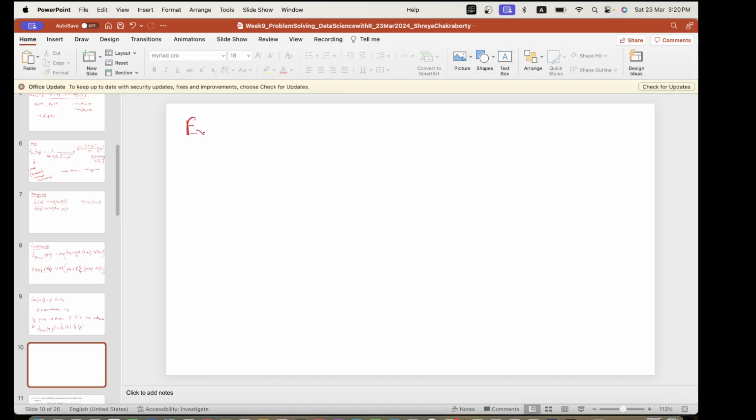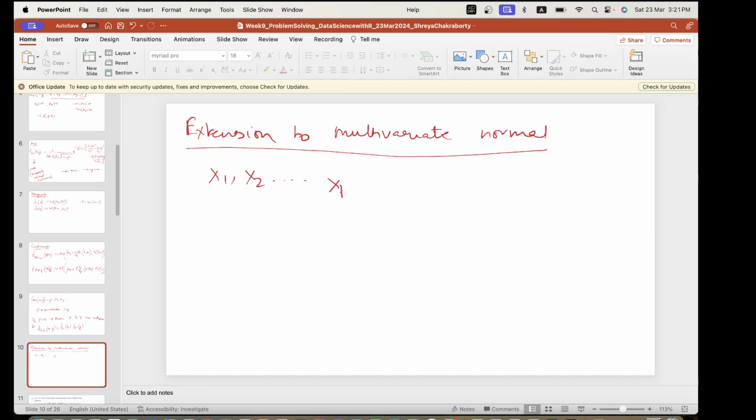So it can be extended to a multivariate normal case. In such cases we could have, let's say, x1, x2, up to xp, which are p normal variables, with their means as mu1, mu2, up to mu p, and variances as sigma 1 square, sigma 2 square, up to sigma p square.